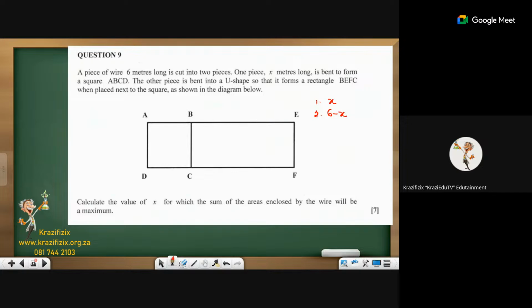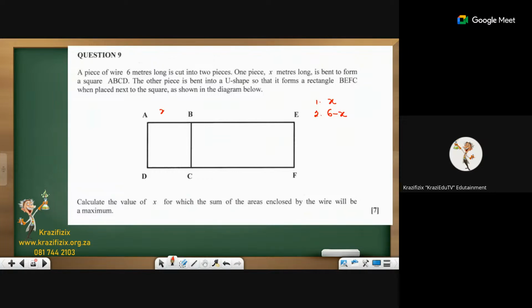What do you know? It has 4 sides that are equal. What will be the measurement of one of the sides of the square?